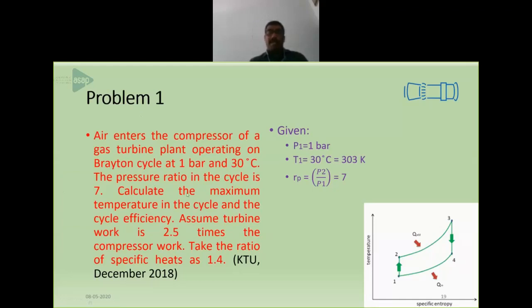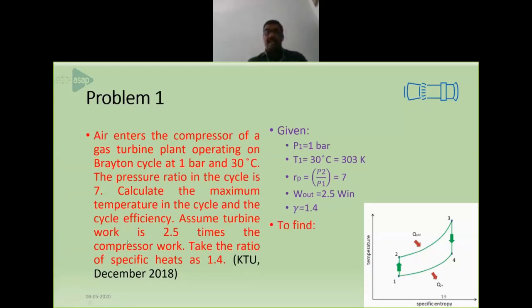One more condition is given: the turbine work is 2.5 times the compressor work, that means W out is equal to 2.5 W in. Gamma is equal to 1.4 for air. Even if it is not given, you have to take it as 1.4 if the medium is air.